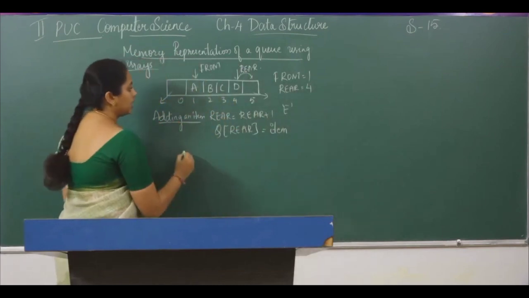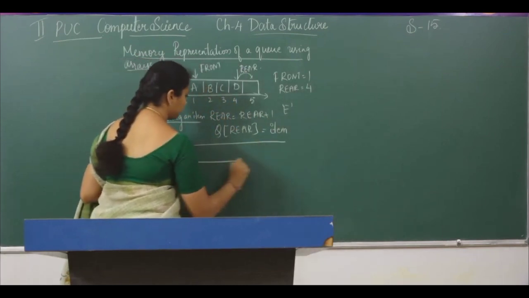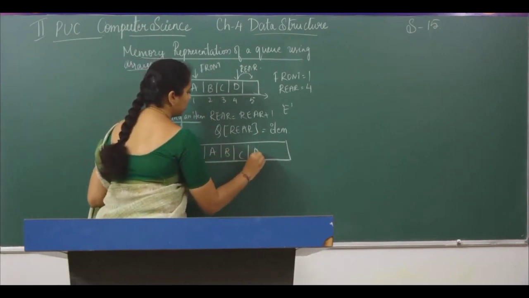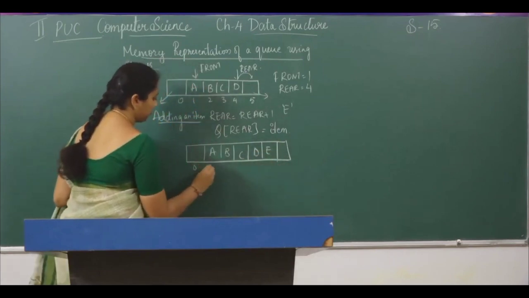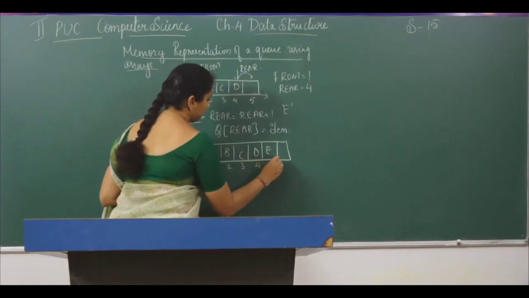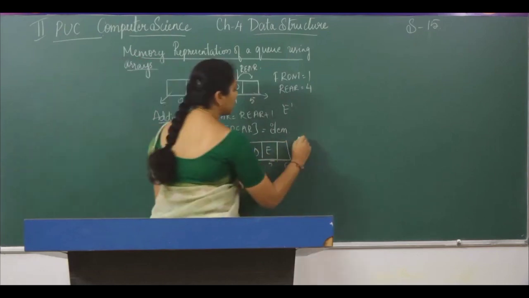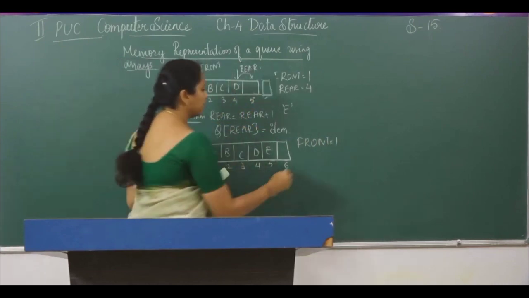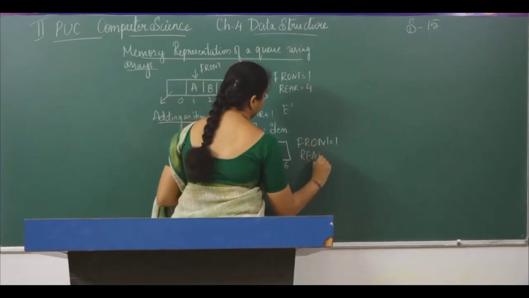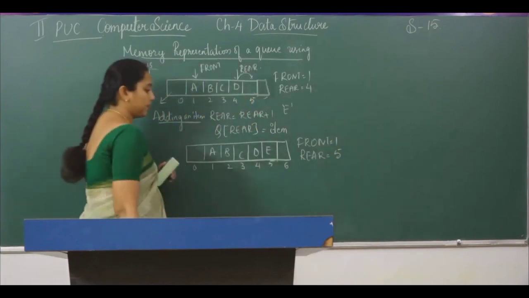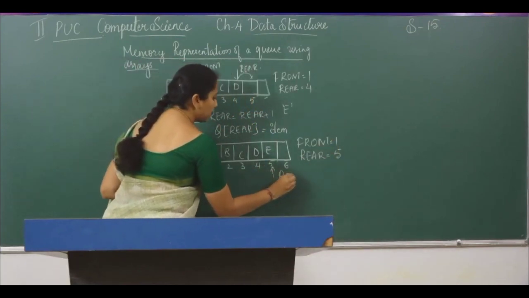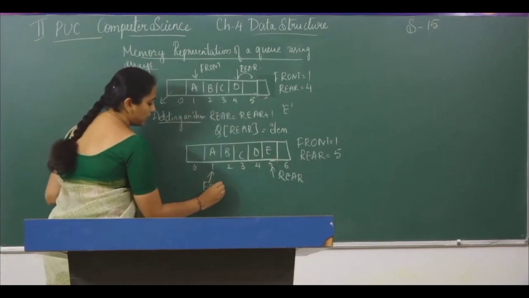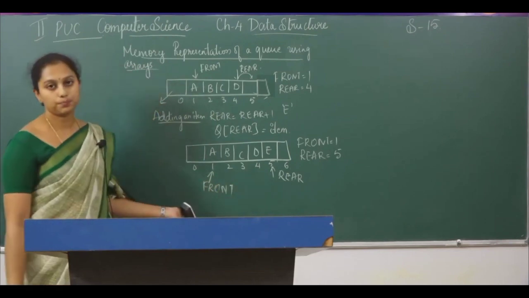Now the array becomes C, D and E. So now the front remains 1 and the rear becomes 5. So this is the rear point and this is the front point of the queue.